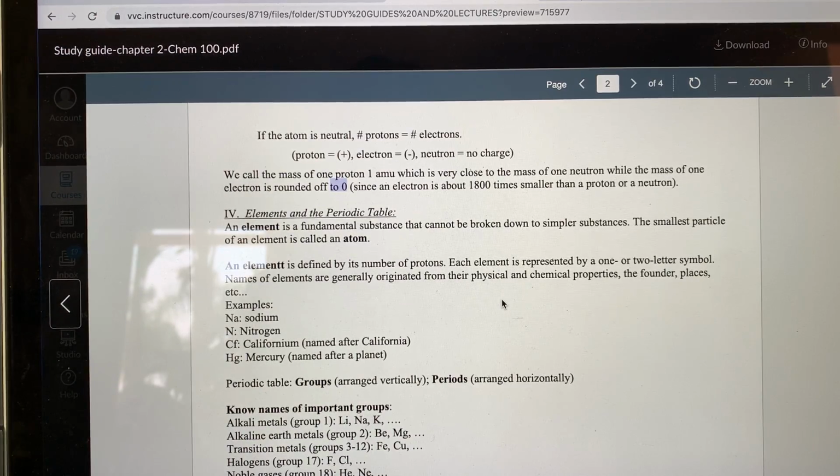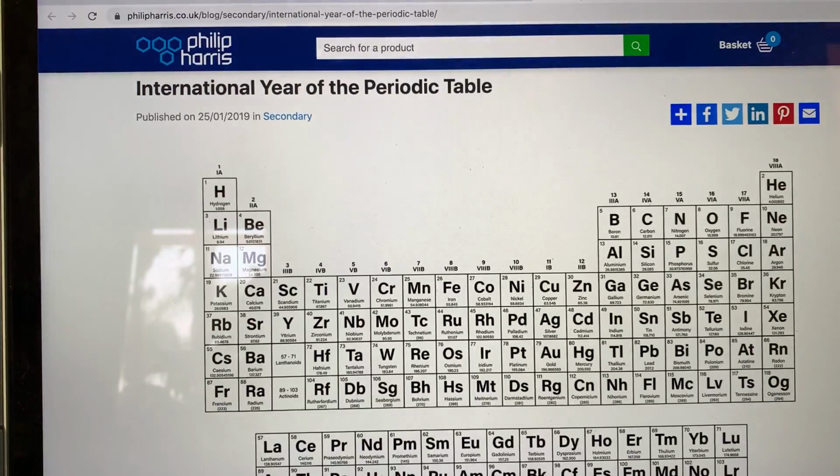Now back to the periodic table, you can see over 100 different kinds, and those are elements. Each element is a fundamental substance that cannot be broken down into simpler substances, and the smallest particle of each element is called an atom. So you have a periodic table of all these elements arranged in columns, which we call groups, and also arranged in rows, which we call periods.